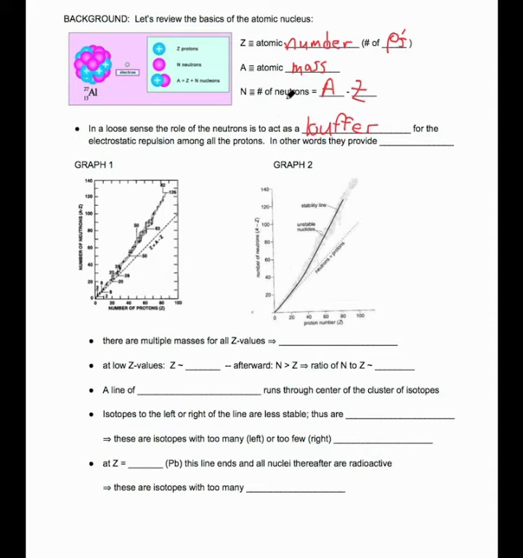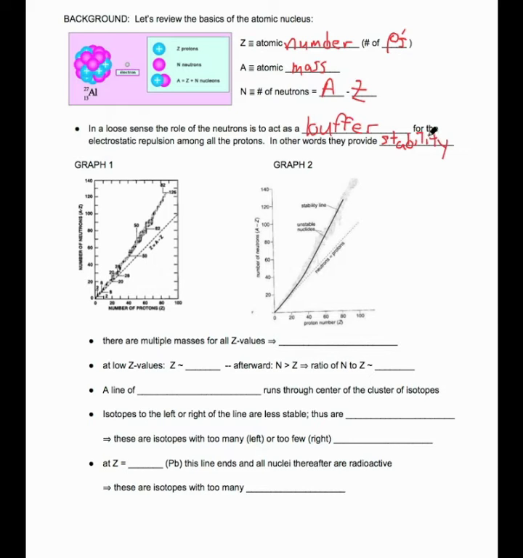So as you cram more and more protons, higher atomic numbers, you want as many, if not more, neutrons in there in order to offset that repulsion and allow the strong nuclear force to keep the nucleus more or less stable. Okay, so the neutrons help produce stability, even though they contribute to mass.